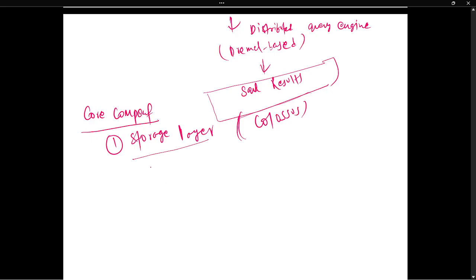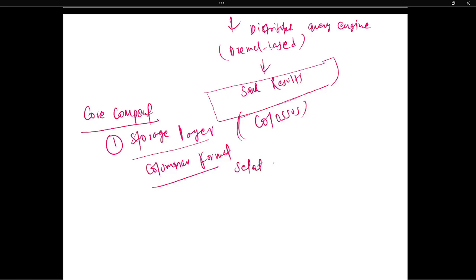BigQuery stores data in the columnar format. So what is the columnar format? Suppose you write select employee ID, salary from the employee table.